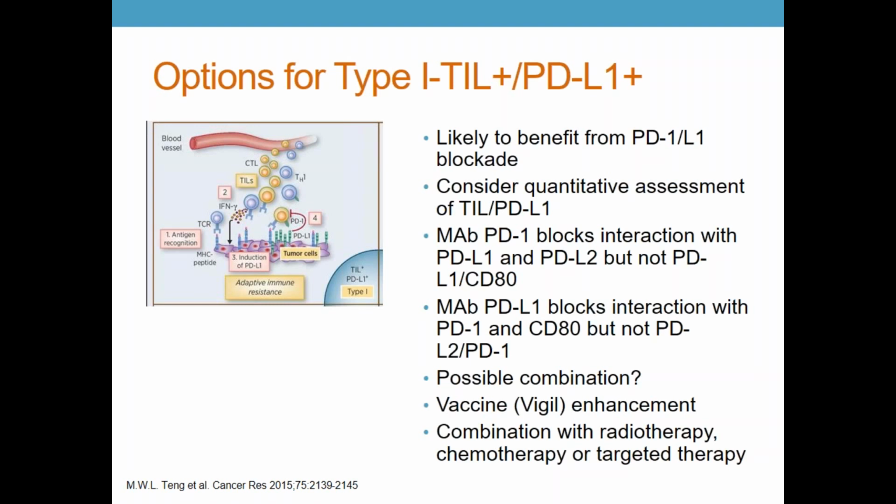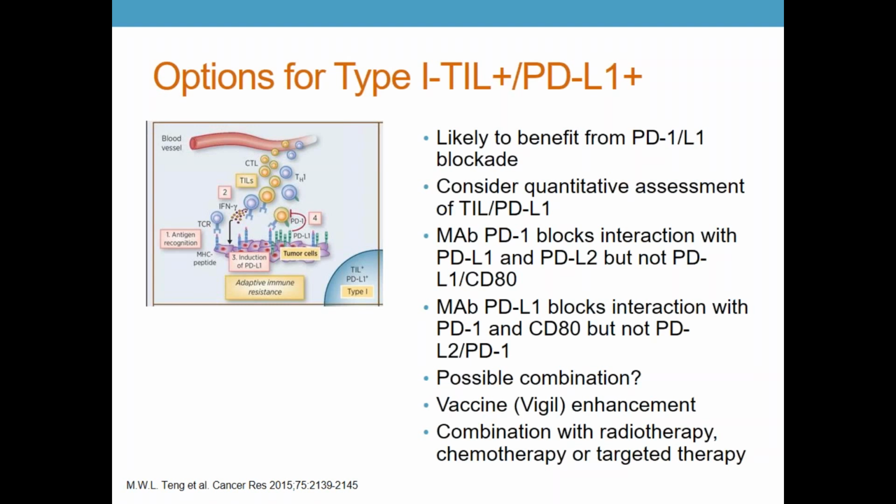You also then have the possibility of a vaccine enhancing this process, because when you treat with a vaccine like Vigil, and we have good data on the GM-CSF producing autologous tumor cells previously used called GVAX, there are both murine models and clinical demonstrations that following immunization, you actually can elicit an increase in tumor-infiltrating lymphocytes, as well as an increase in PD-L1 expression of the tumor cell.